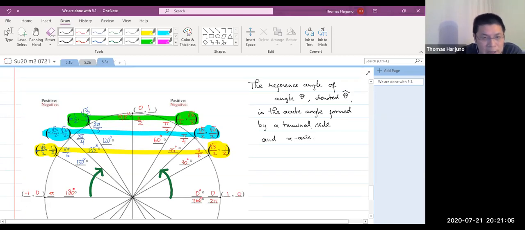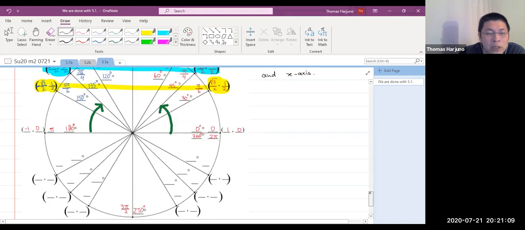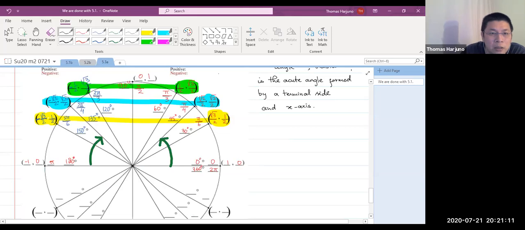Okay, so for example, this terminal side here, the angle in standard position is this. But the reference angle is this. That's the reference angle.